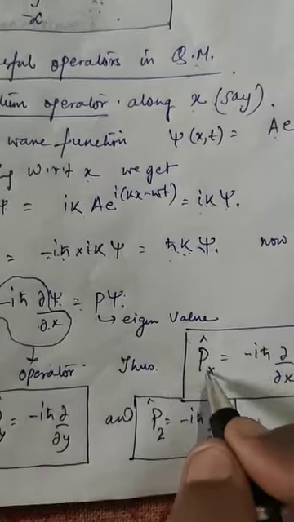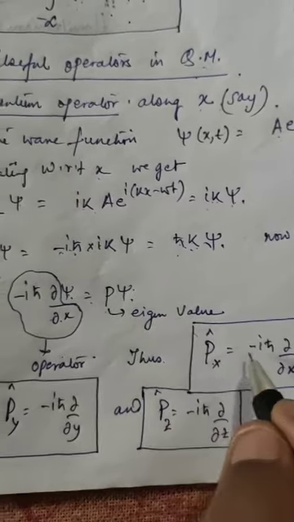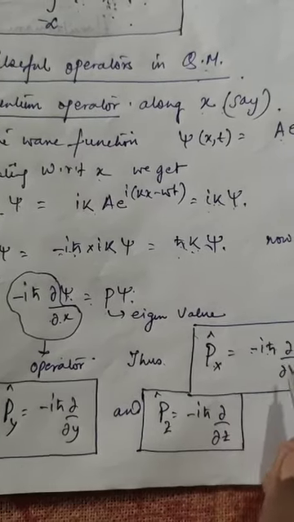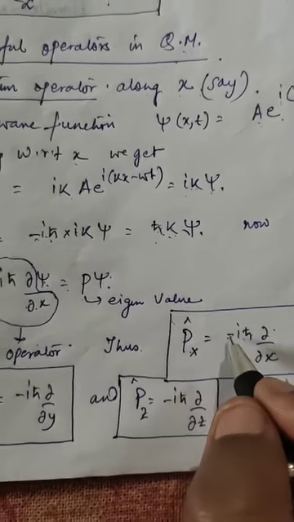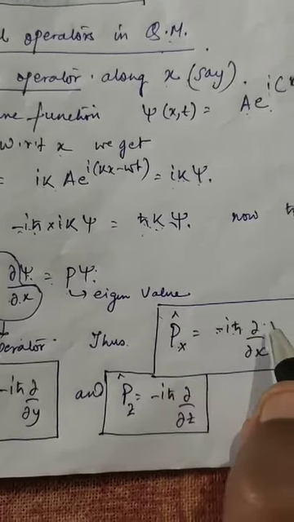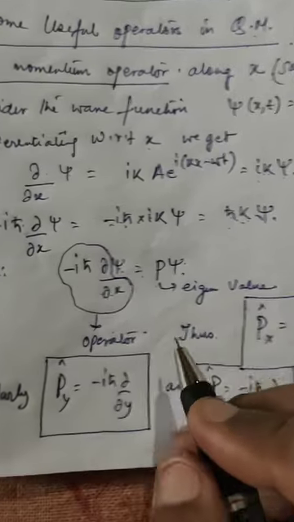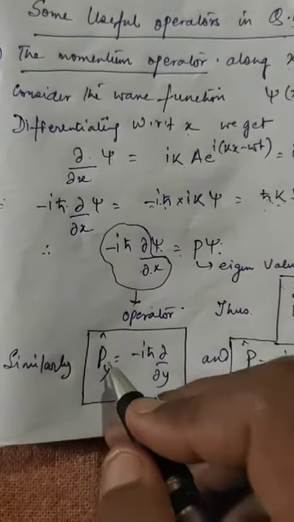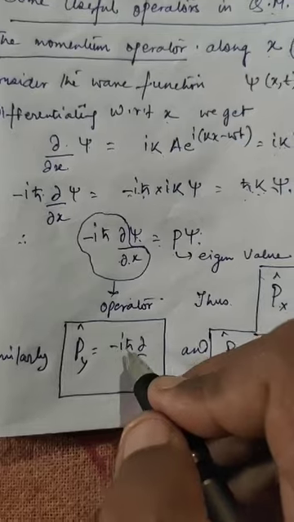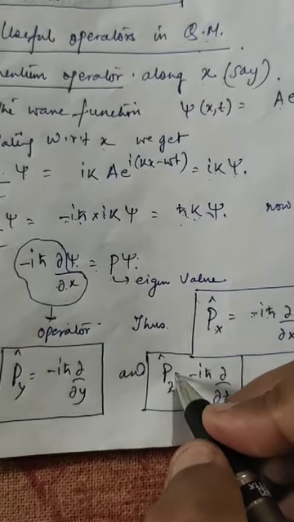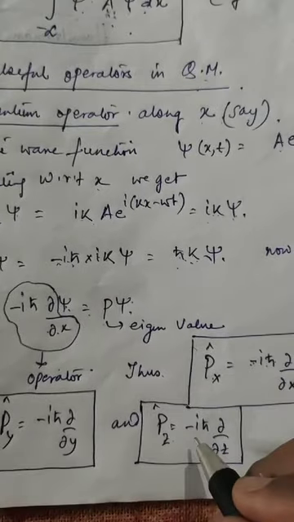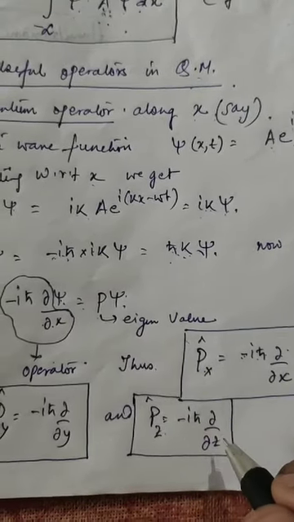So thus the momentum operator px along x is minus i h cross d/dx. Do not forget to put this minus sign. So it is minus i h cross d/dx. Similarly, by analogy, I can say the momentum operator along y is minus i h cross d/dy, and the momentum operator along the z axis is minus i h cross d/dz.